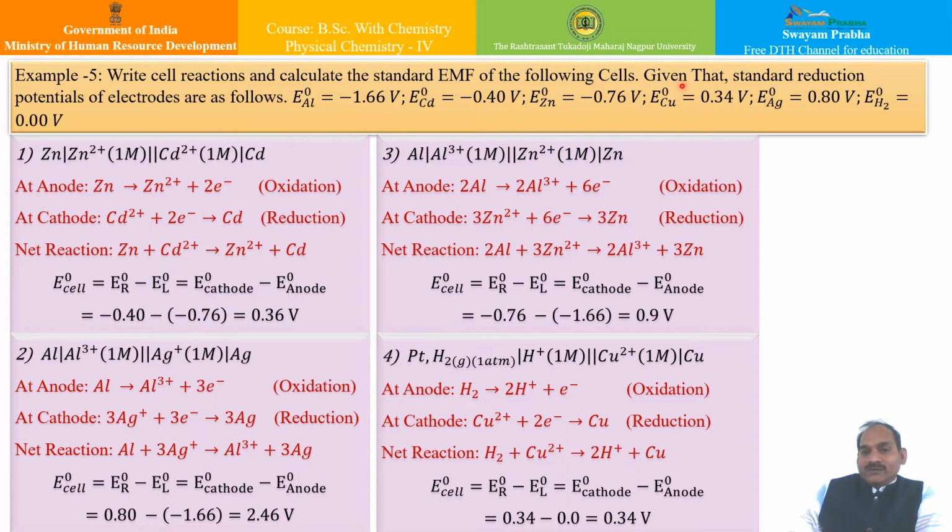We have been given the standard reduction potentials of the electrodes: aluminum is minus 1.66 volt, cadmium minus 0.40 volt, zinc minus 0.76 volt, copper 0.34 volt, silver 0.80 volt, and the standard hydrogen electrode, SHE, is 0 volt.